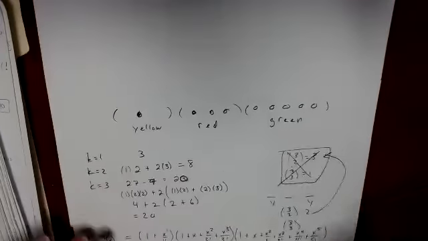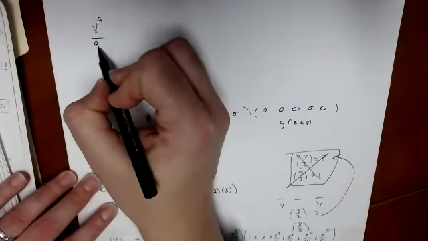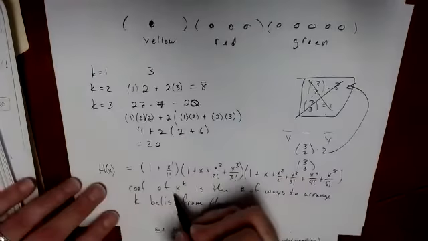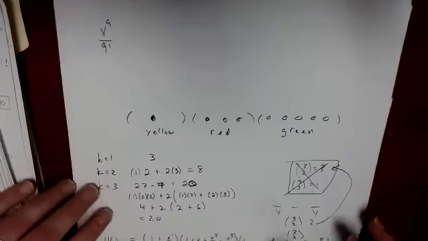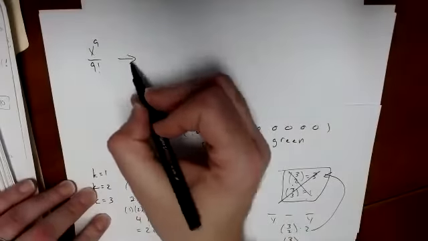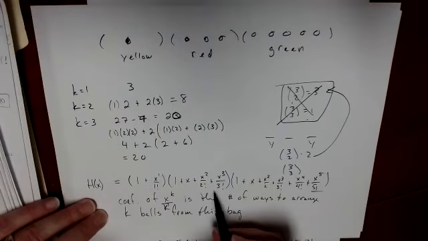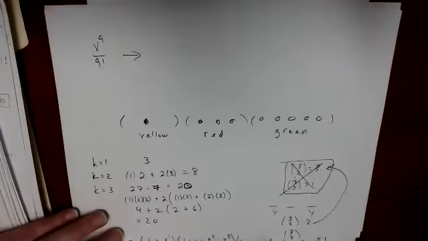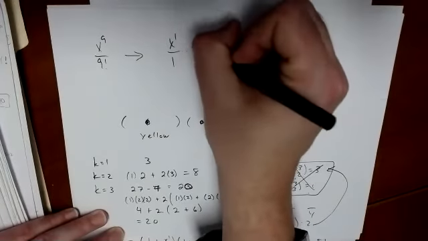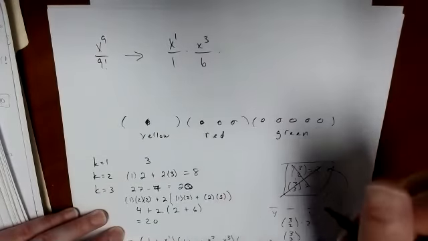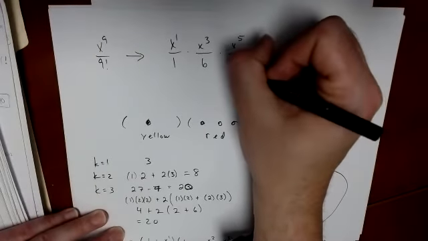Let's actually do that real quick. So coefficient of x to the k over k factorial. So x to the 9 over 9 factorial is what we're looking for. In our product, the only way to get x to the 9 is to multiply these terms together. So that's x to the 1 over 1 times x cubed over 6 times x to the 5th over 5 factorial, which is 120, right?